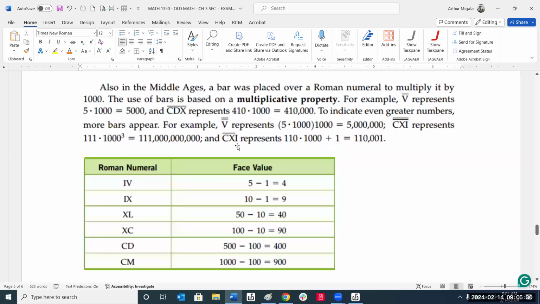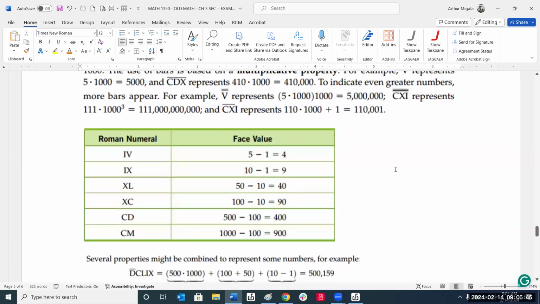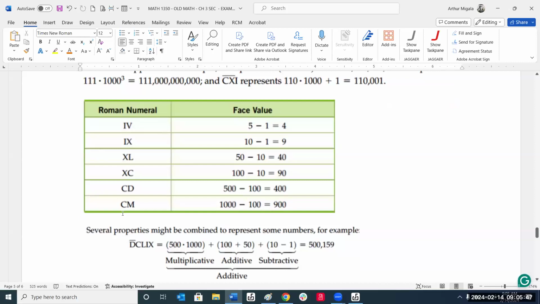I could see a lot of problems with this system. You're chiseling this, and all of a sudden, a little piece flicks off. Uh-oh. So that's the Roman numeral system. So if a small number is in front of a bigger number, it's subtraction.